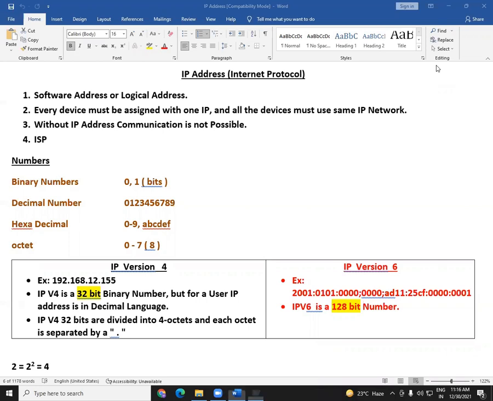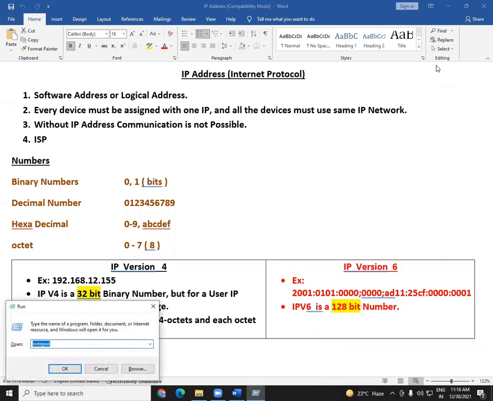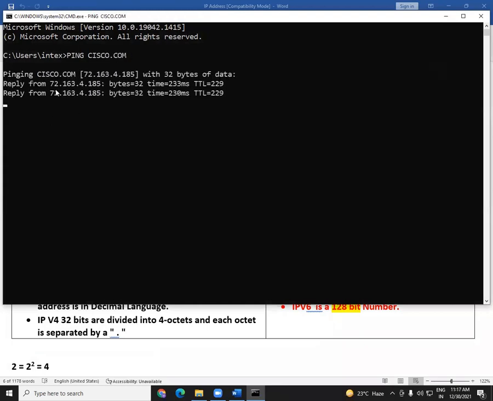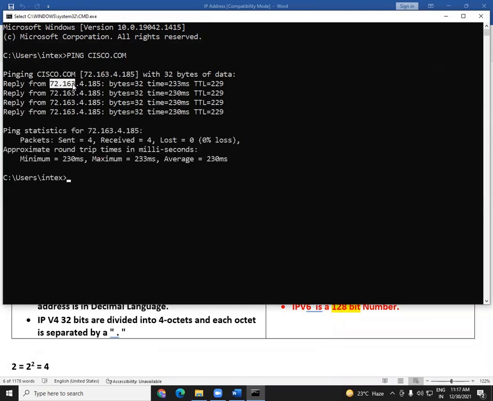Remember, I told you last time, I showed you how to check the IP address of a particular website. Just go to CMD and type ping cisco.com. Once we say ping cisco.com, you can see one address here, 72.163.4.185. That means this is the IP address of Cisco. I just copied this address, 72.163.4.185.